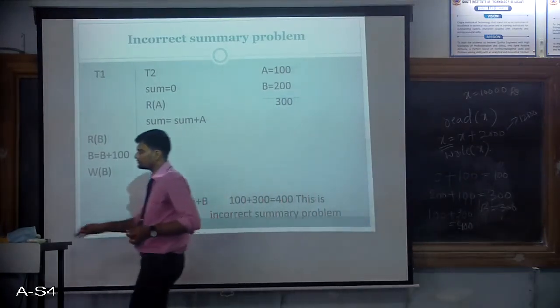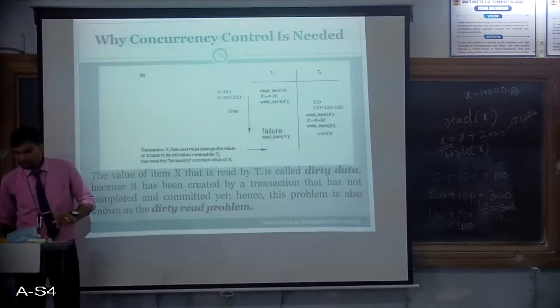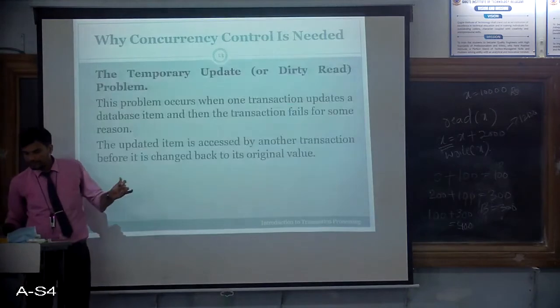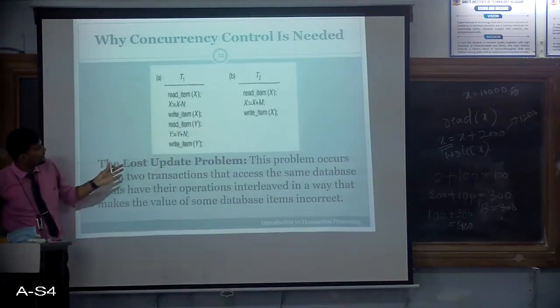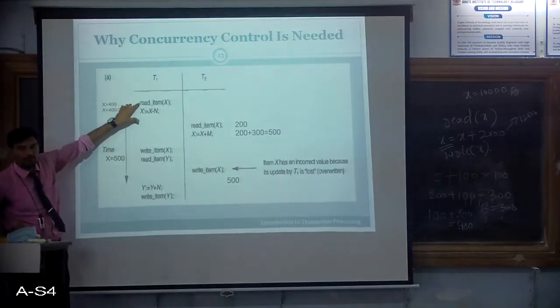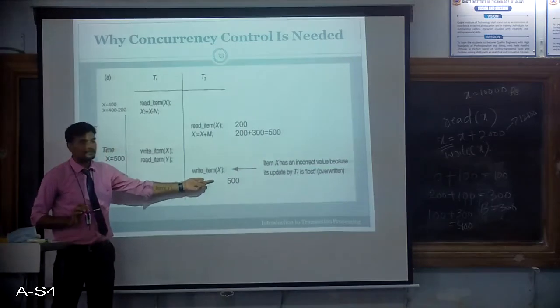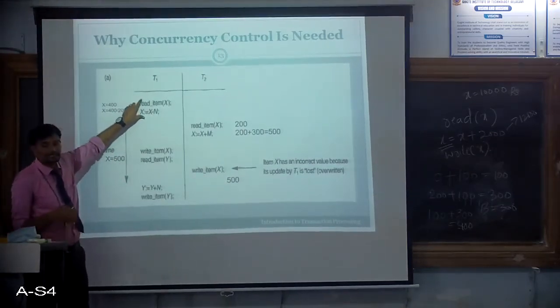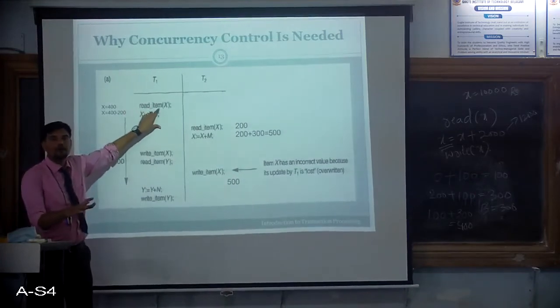So first we discussed the lost update problem. In the lost update problem, what happens? The transaction T1 has updated the value, and finally when transaction T2 gets a different value, whatever T1 has written is lost or overwritten.